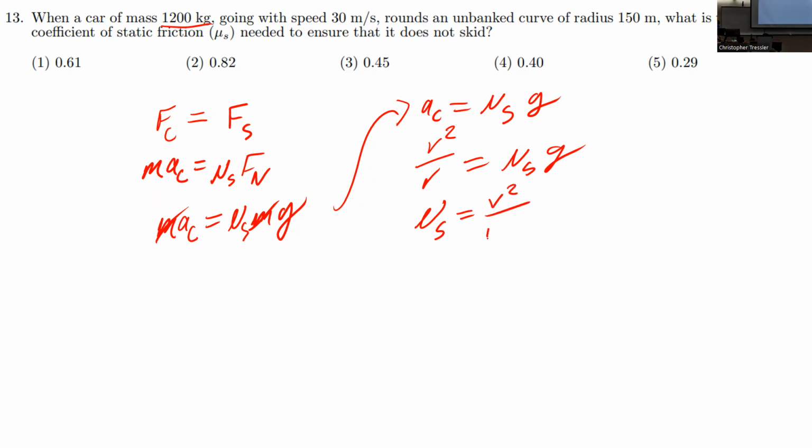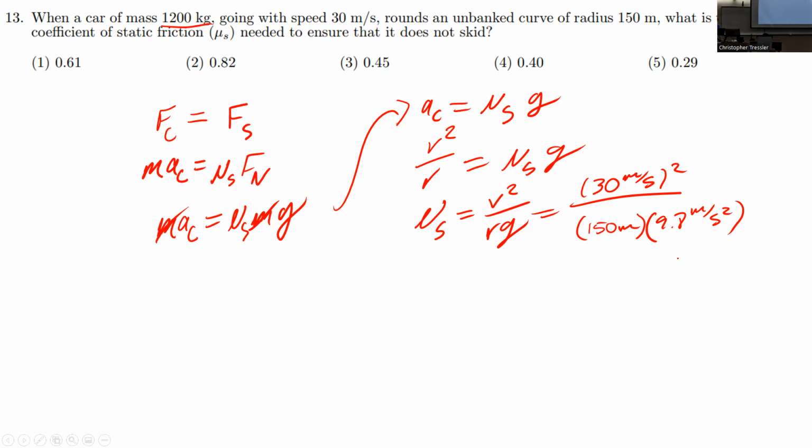So we get v squared over r times g, which is going to be that 30 meters per second squared over, and the r is going to be 150 meters times gravity 9.8 meters per second squared. Let's see if our units work out, right? We need no units actually. So on top, this is going to be meters squared per second squared.